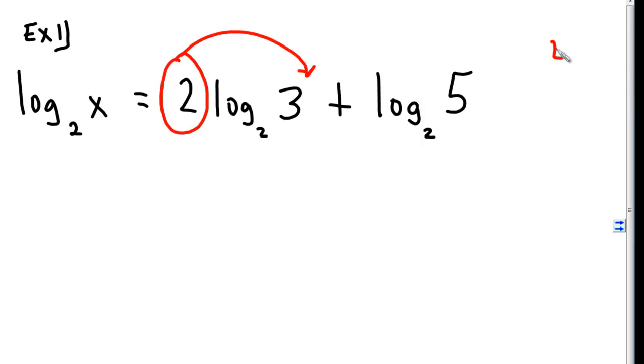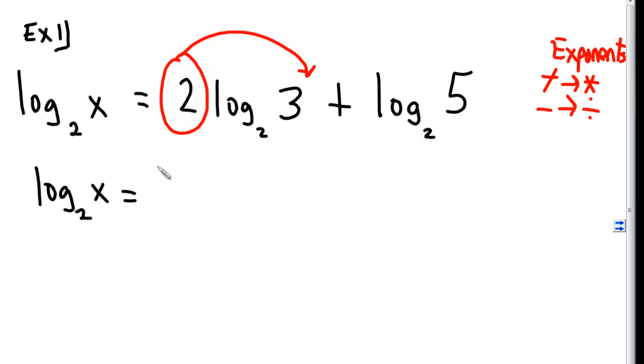Remember, we want to take care of exponents first when we condense, and then change any addition to multiplication or any subtraction to division. This will give log base 2 of x equals log base 2 of 9, because when you move the 2 back, that becomes 3 squared, and 3 squared is 9.